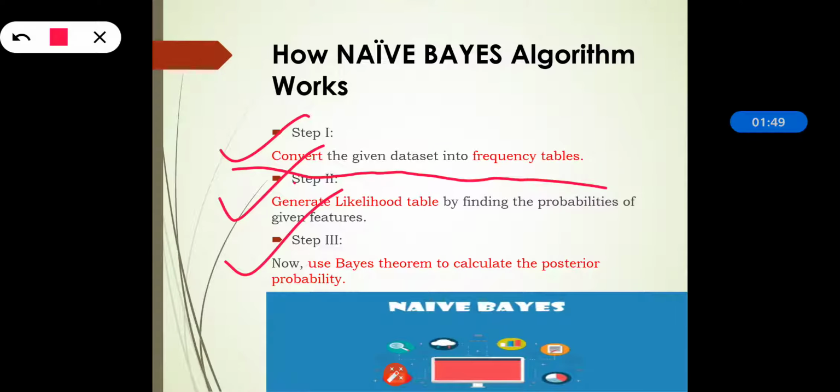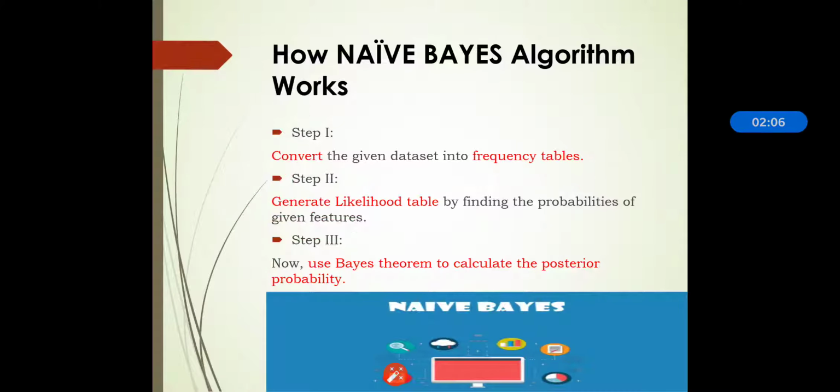So frequency table means what? Whatever data set we are having, the occurrence of that is predicted by the given frequency table. Then the second step is to generate the likelihood table by finding the probabilities of the given features. So in the first step we are converting the given data set into the frequency table.